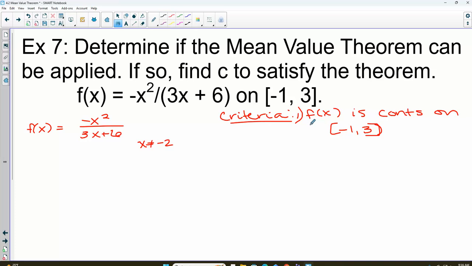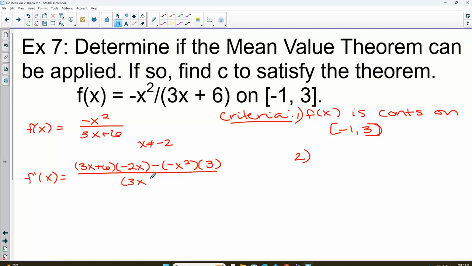Second criteria, I can't necessarily just look at this and know it's differentiable, so let's do the derivative. So low d high minus high d low over low squared.